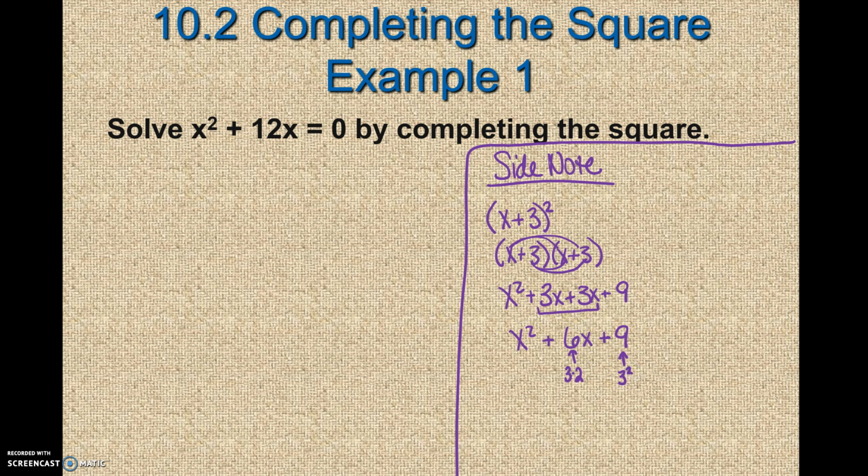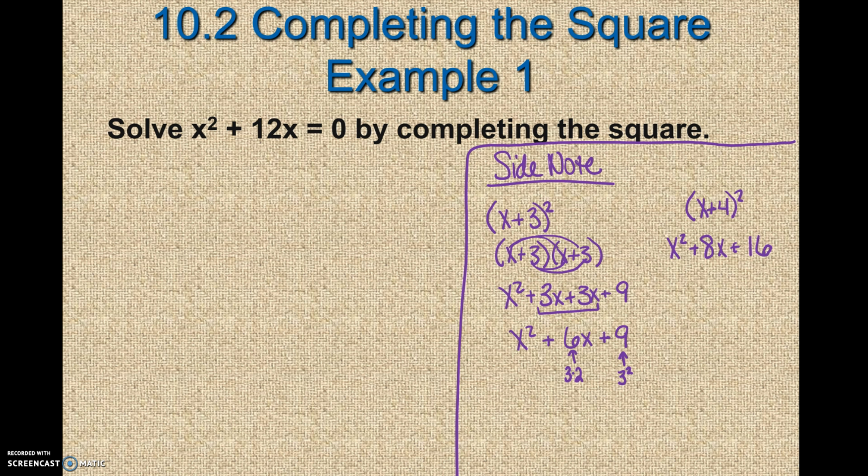This pattern exists every time you are squaring a binomial. So if I had x plus 4 squared, we could automatically say that this is going to multiply out to x squared. 4 times 2 is 8, so 8x. 4 squared is 16. x squared plus 8x plus 16.